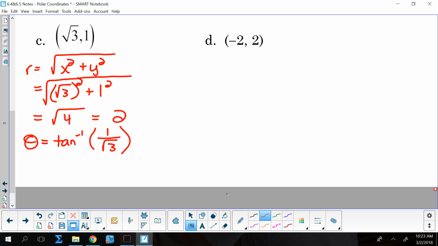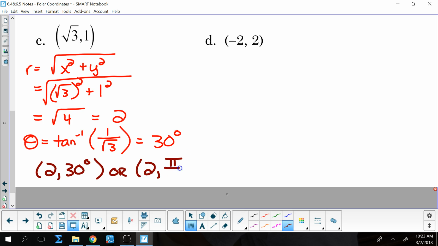Inverse tangent of 1 over the square root of 3 is, degree measure or radian measure? 30 degrees. So I could write this polar point as 2, 30 degrees, or I could write it as 2, pi over 6 radians.